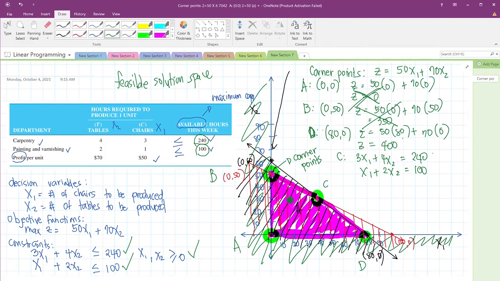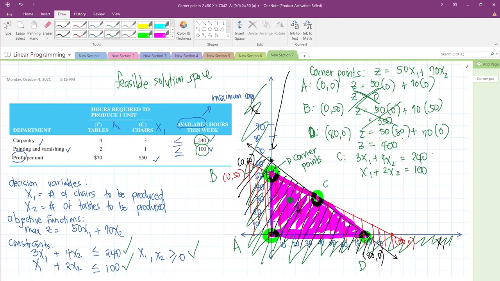Wait lang. Okay, so mode equation tayo. Okay, so sa mode equation, two unknowns, tama? So, magto-2 unknowns tayo dyan. So, 3.